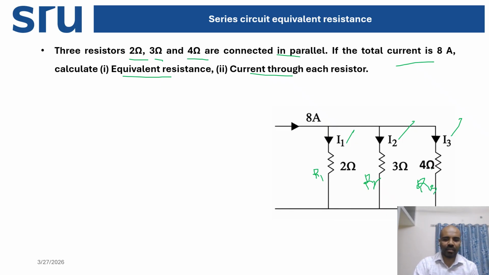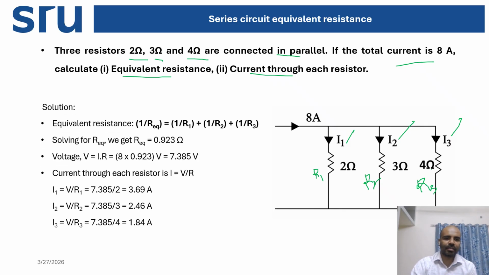This will be the equivalent resistance. So you can easily calculate the equivalent resistance here. So the voltage drop across each resistor is the same. So you can easily calculate the voltage of this equivalent circuit.